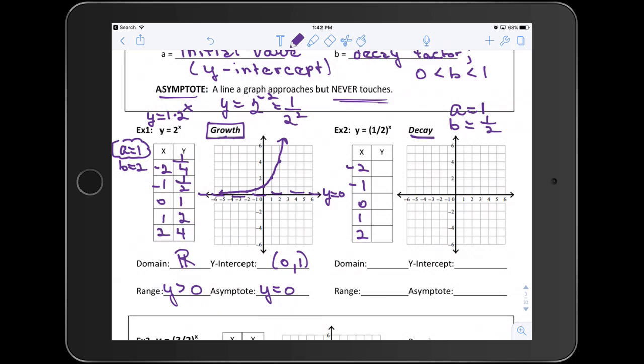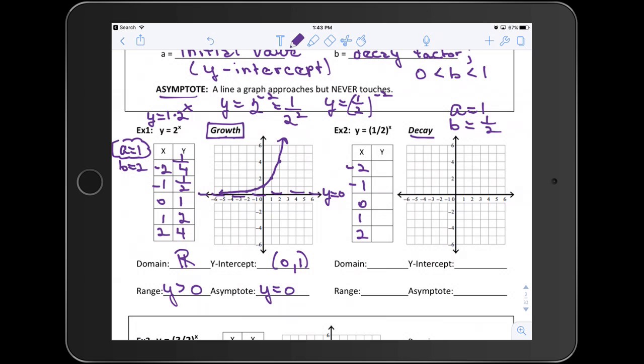I'm going to erase that so I have a little more room. So we have y equals 1/2 raised to -2. Now, you should have been taught in Algebra 1 and also confirmed in geometry and first semester advanced algebra that you can take the reciprocal and make it positive.